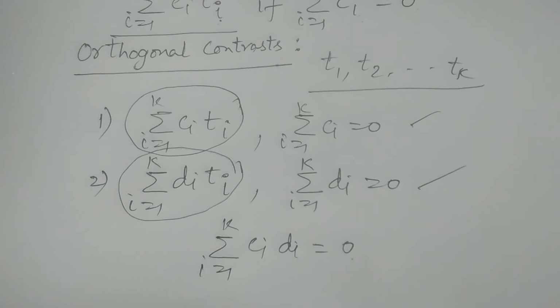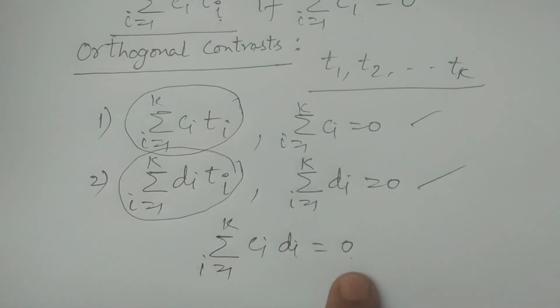Hope you understand. So first contrast and then orthogonal contrast. If you consider two contrasts, they are said to be orthogonal if summation Ci Di is equal to 0.